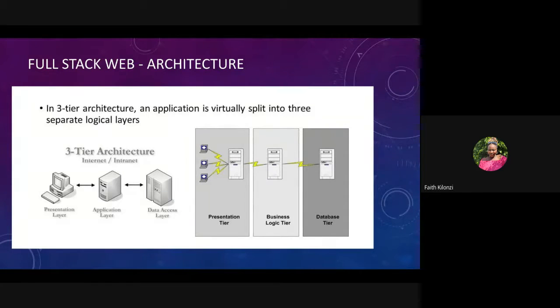If you see from this second image, we have different browser clients or computers making requests. Then before the database, we have the business logic tier. Let me use the example that Shadrach used. Shadrach said he is building a site for business listings, right? If he's listing businesses within Nairobi, people in Nairobi are selling different things.